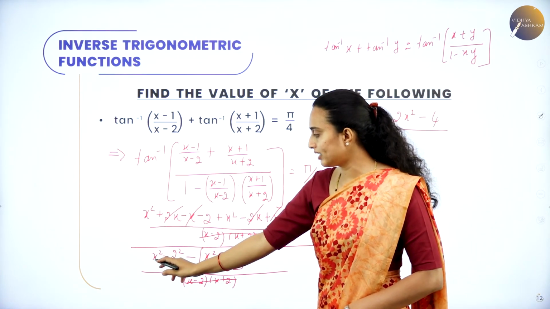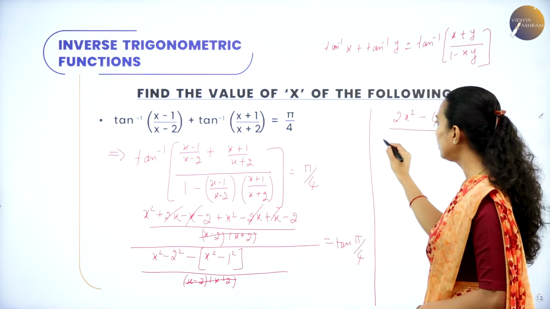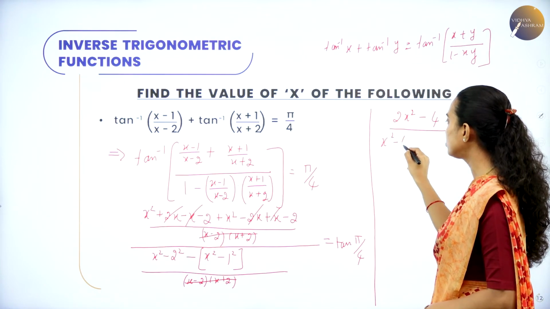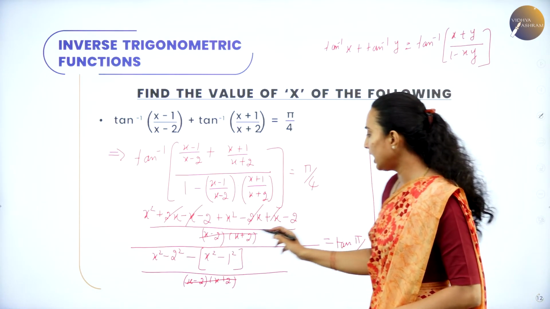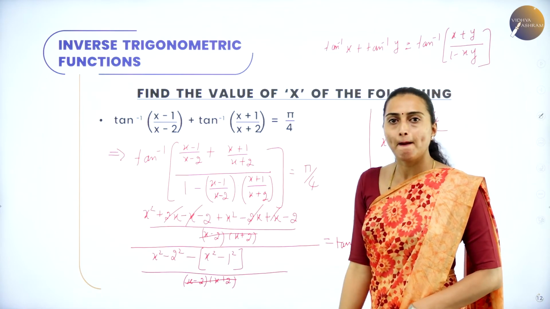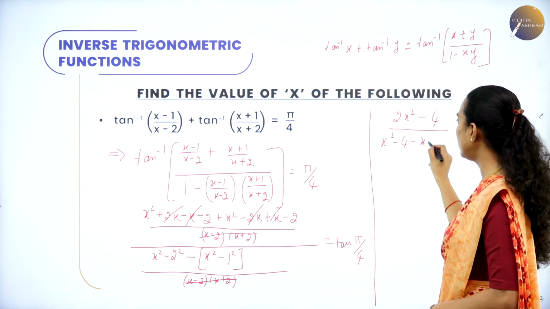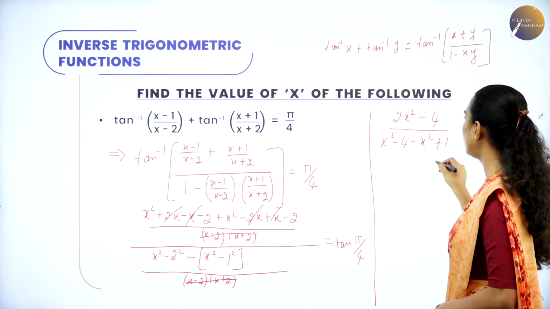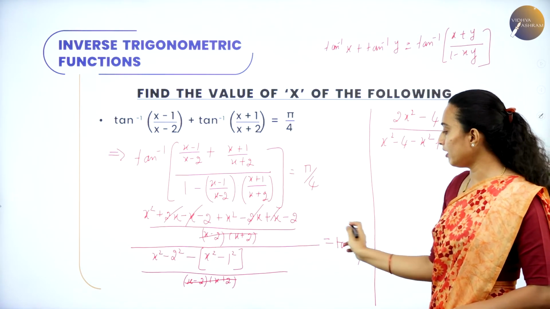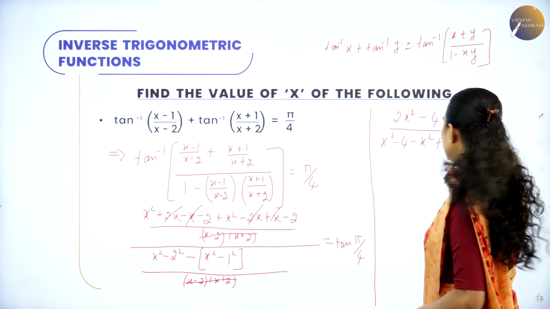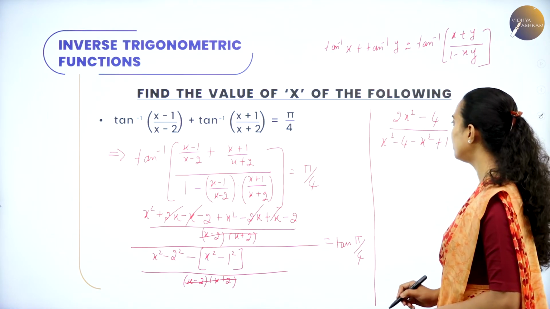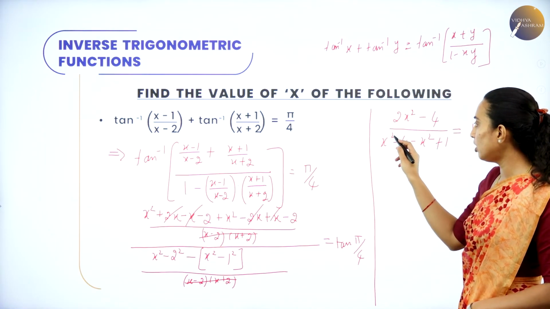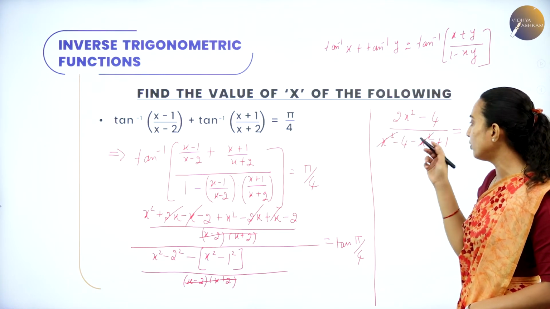I am going to write it. x squared minus 2 squared is 4, minus into plus is minus, so minus x squared, minus into minus is plus, 1 squared is 1, is equal to what is tan pi by 4? 1. So tan pi by 4 value is 1. So I am going to write that one. Here you can have in the denominator also x squared and x squared will go.